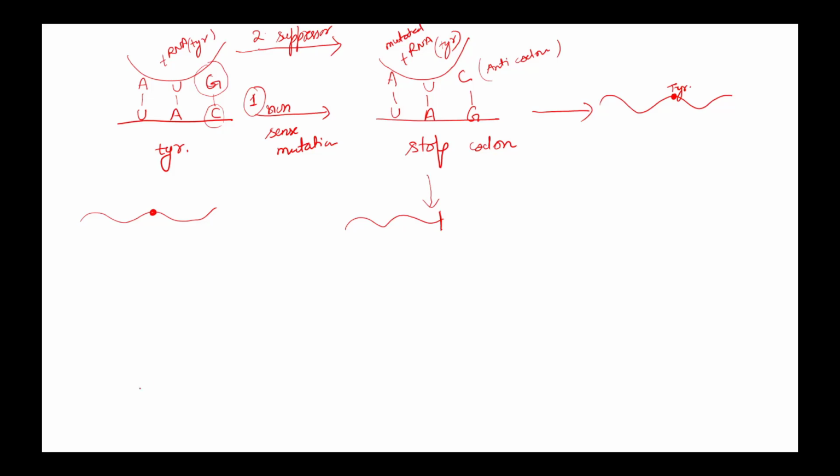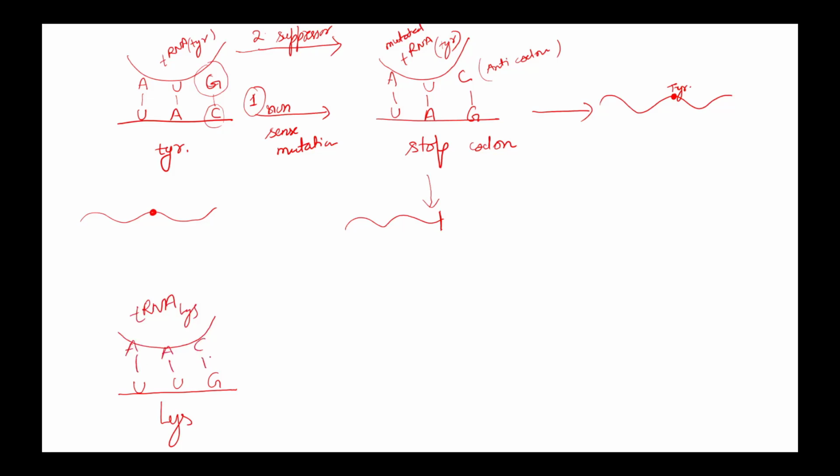Also, what can be done? What happens in another example with another amino acid or another codon that codes for lysine? This gets recognized by the tRNA of lysine, which harbors the anticodon.